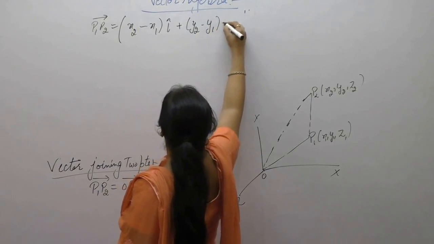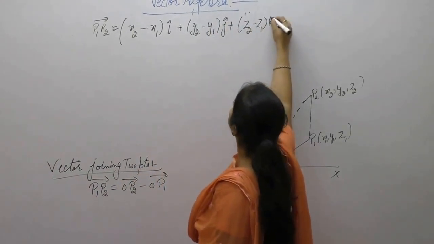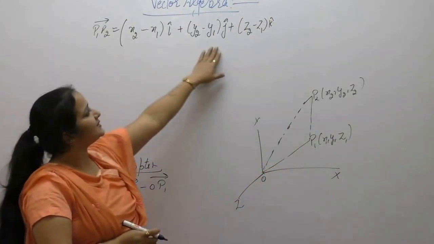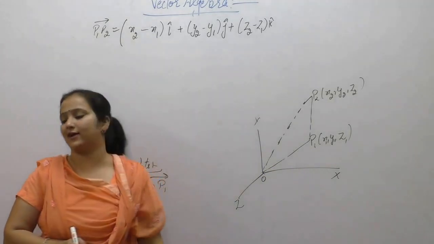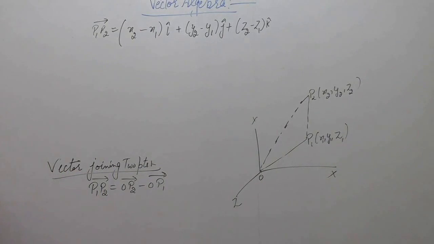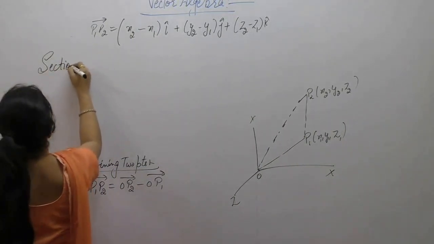I component together, j and k components together. So x2 minus x1 i cap plus y2 minus y1 j cap plus z2 minus z1 k cap. Vector joining two points. Now next is section formula.